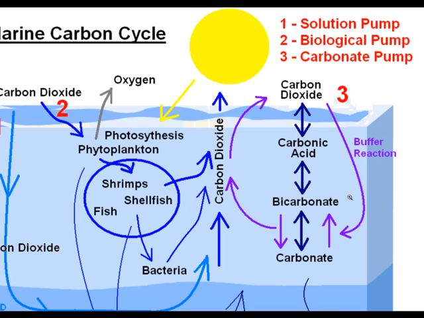But this reaction is also an equilibrium reaction, which means it can go the other way. So we can go from the bicarbonate ions to the carbonate ions, and that will in fact produce carbon dioxide, which will bubble up in the oceans and go back into the atmosphere again, creating a carbonate pump.